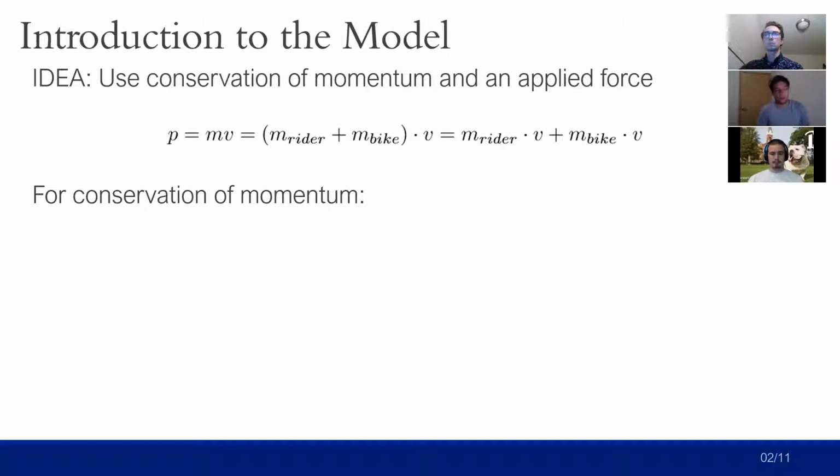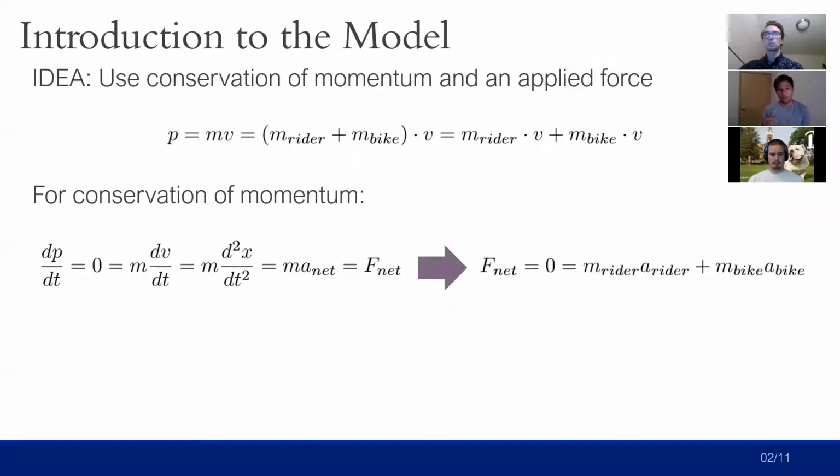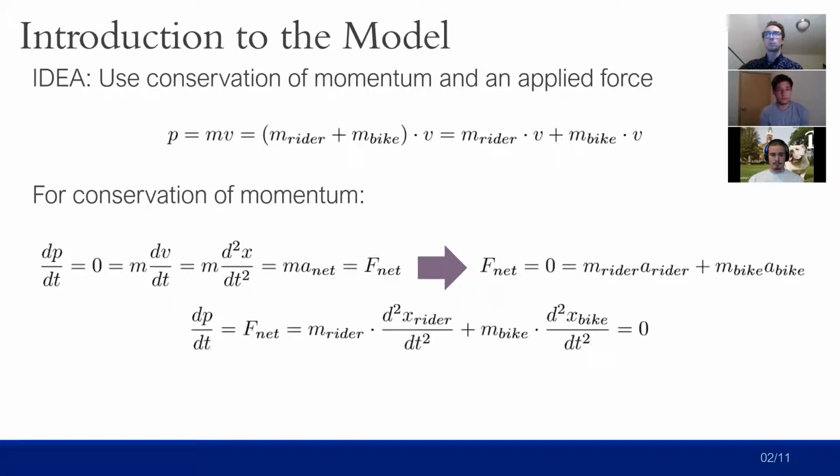Next up, we implement conservation of momentum, which gives us that the derivative of such momentum is going to be 0, from which we can get ma, which some of you might recognize as just the net force. And from here on out, we can determine what forces would be in play here, giving us a deeper model that can portray different forces interacting with the bike and the rider.